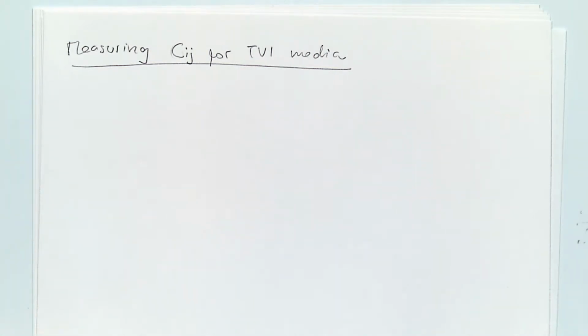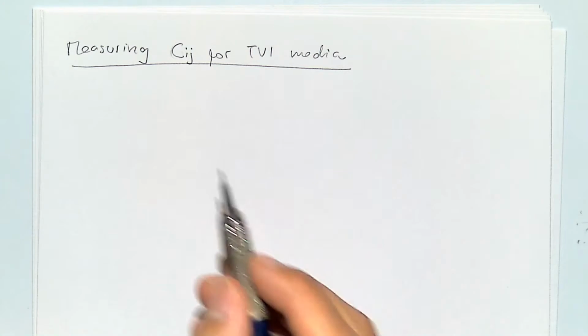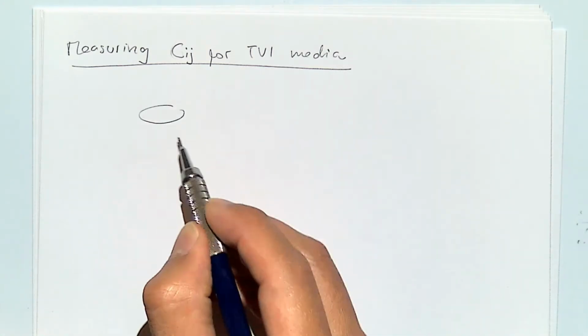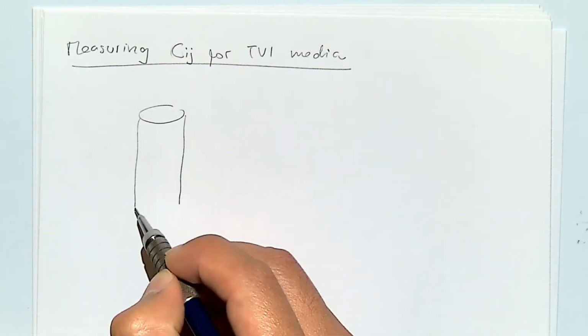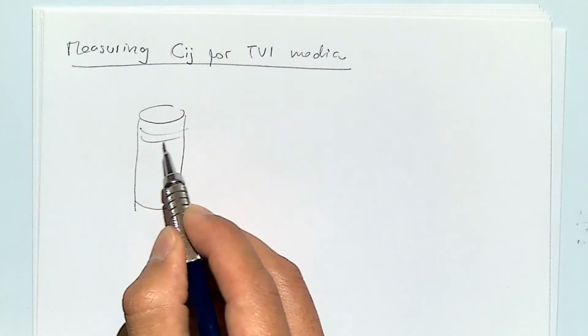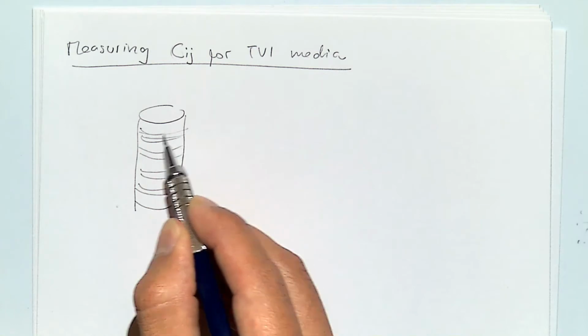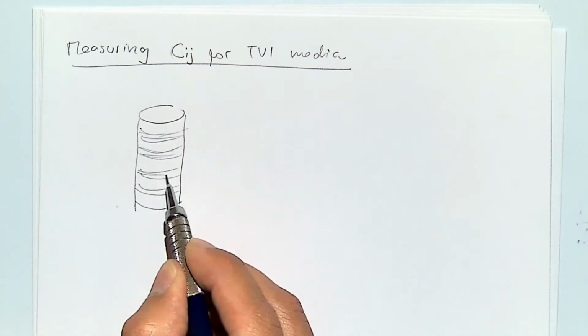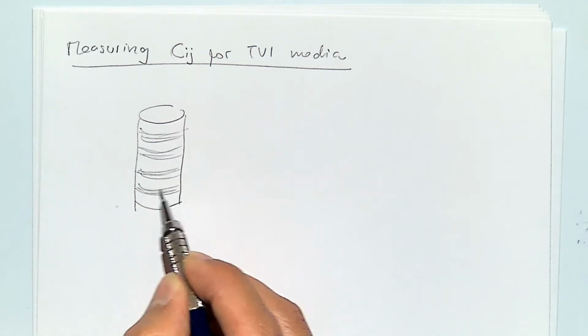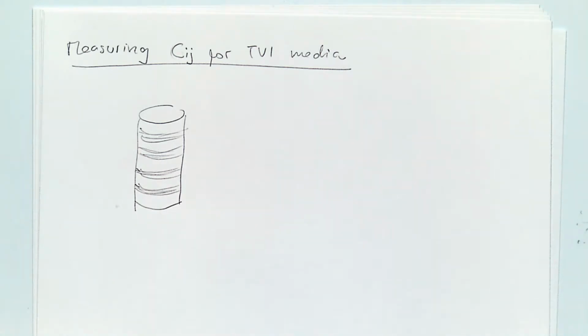All right, so let's imagine that we have a piece of rock, but now this is a rock with a clear lamination, in which, let's imagine, dark is soft and light is stiff.